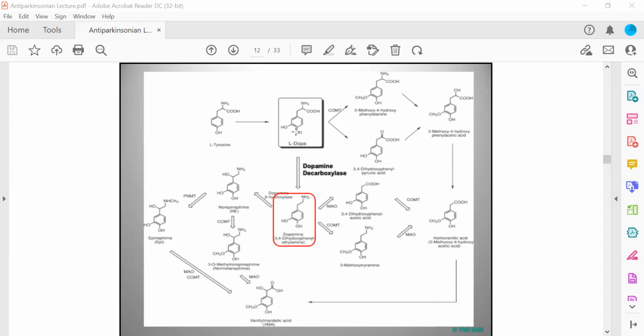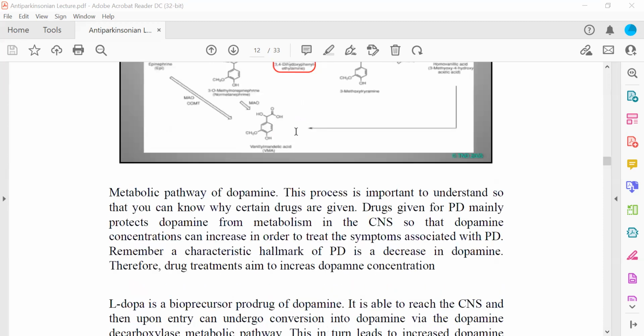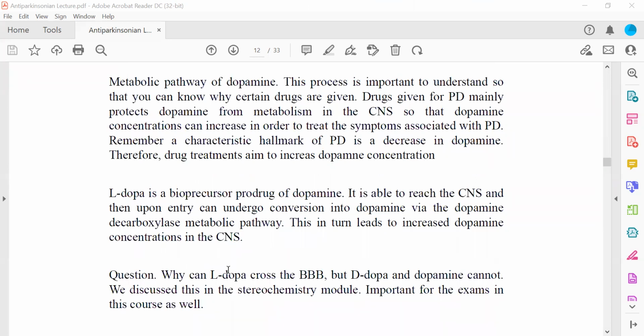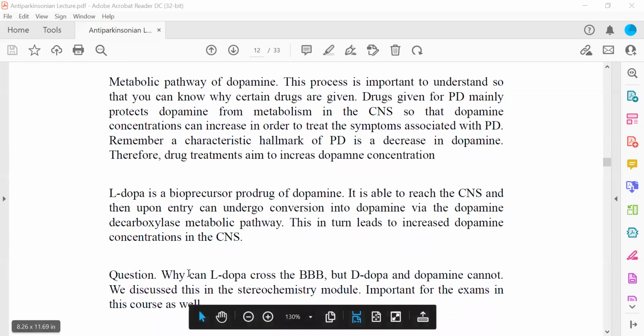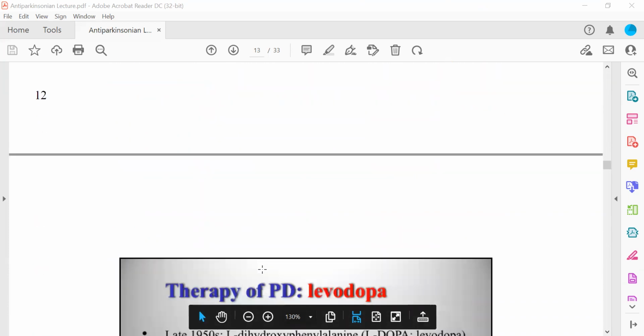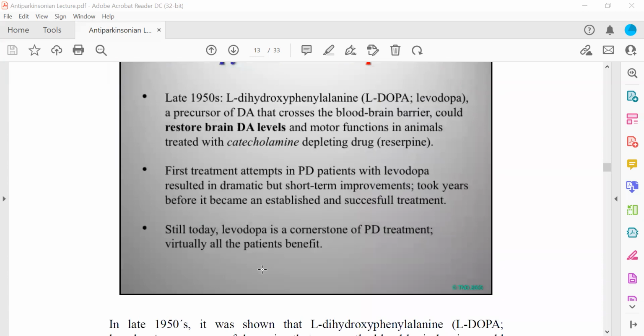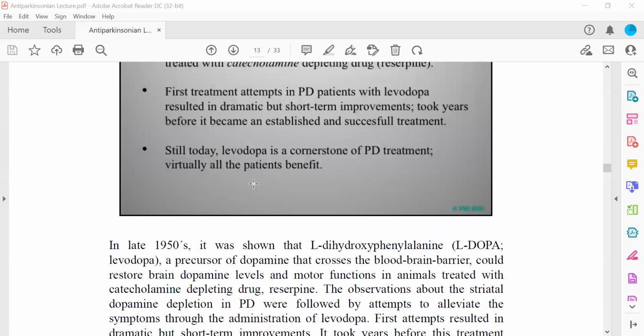So levodopa has been a cornerstone therapy for Parkinson's disease, and you can read up here on my notes on how levodopa works, as well as there's a question that you need to answer, and it's important for the exam. So levodopa was already identified in the 1950s, and they found that it could restore brain levels of dopamine, because it can cross the blood-brain barrier and be converted into dopamine by the dopamine decarboxylase enzyme.